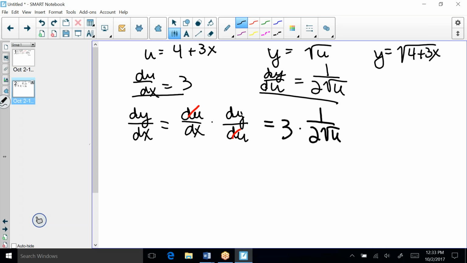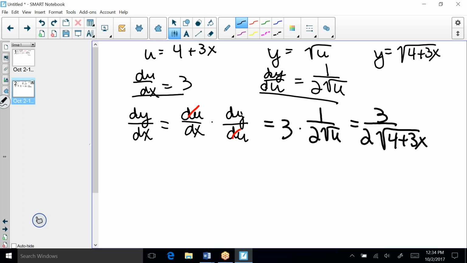So instead of u, we're going to go back to 4 plus 3x. So 3 is in the numerator, 2 is in the denominator, and it's 2 times the square root of 4 plus 3x. So that's the derivative using the chain rule for the square root of 4 plus 3x.